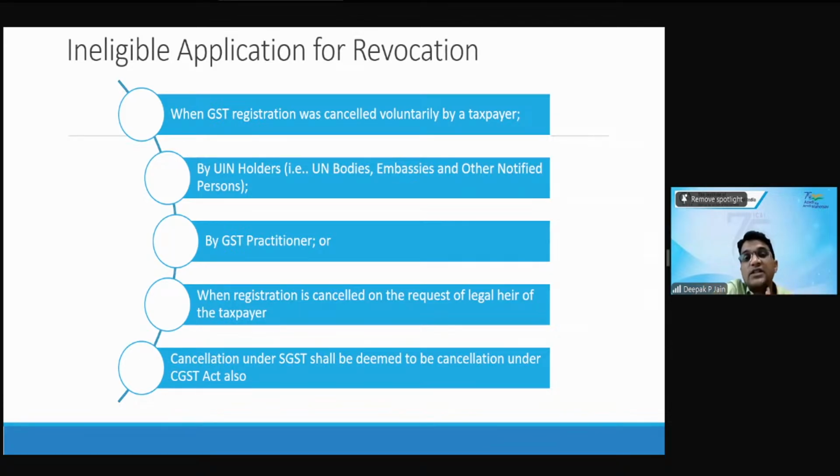The impact of GST practitioners is that a taxable person can link a GST practitioner and his returns will be filed by the GST practitioner. A refund application can be filed by the GST practitioners. ऐसे some instances are there where instead of a taxpayer doing his act, he will authorize one person to do it. So that person is called a GST practitioner.